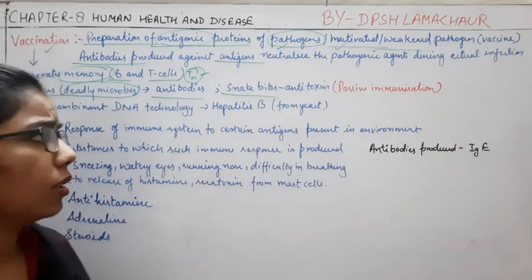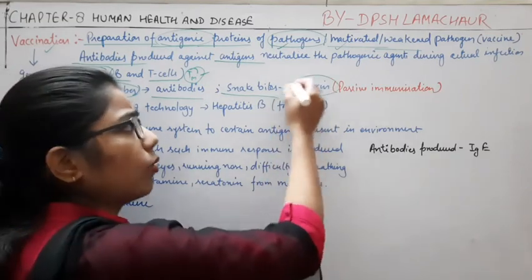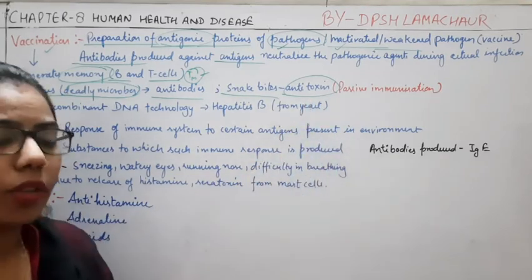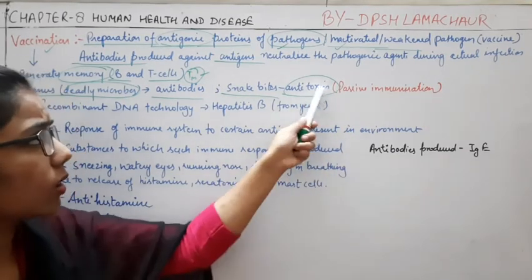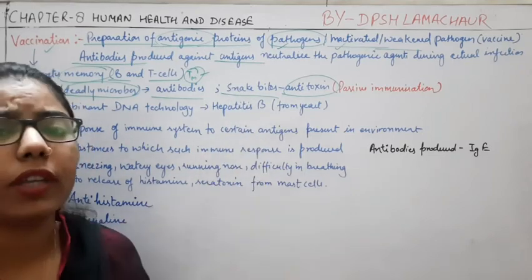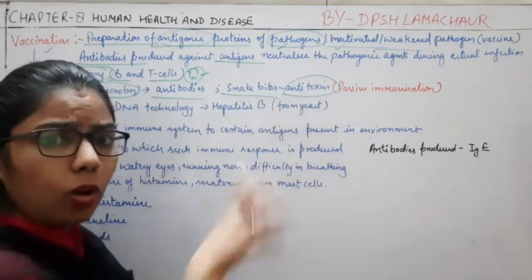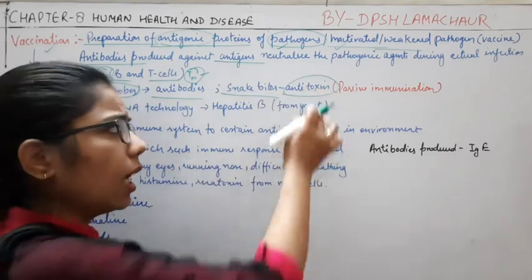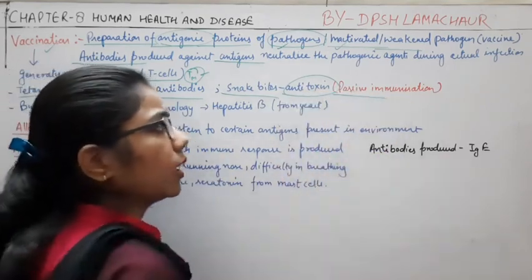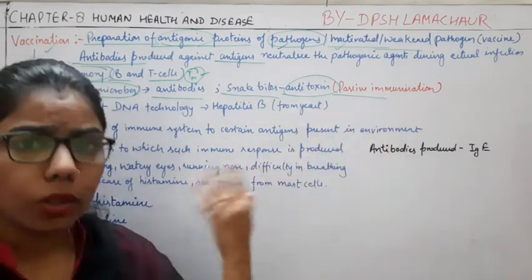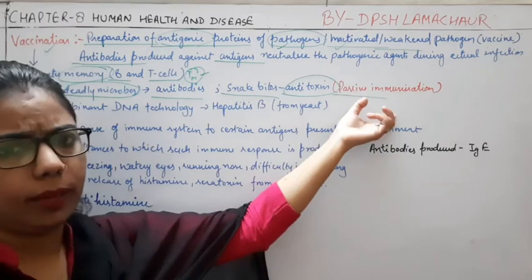So we provide the antitoxin, which acts very fast against the toxin from the snake, and this provides passive immunization. Are you getting it? Passive means you are providing it to the body, right?